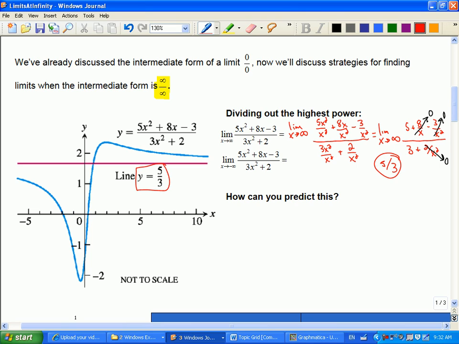Well, it's the asymptote, but where do you see 5 and 3? They're the coefficients of the biggest powers. Now, why do you think the biggest powers would be the ones we're concerned about? Right, well, we're going to get rid of the highest power. It's also the one that's the most significant, right?